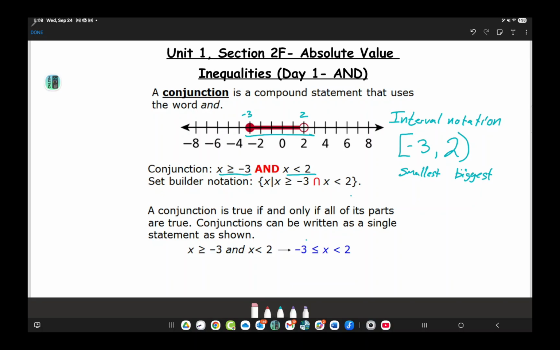Why is there a bracket around -3, and a parentheses around 2? Anybody remember what the bracket means? Yeah, so this means equal, and that means not equal. So if it's a closed dot or if it's equal, we put a bracket around that number. If it's an open dot or it's not equal, we put a parentheses around that number.